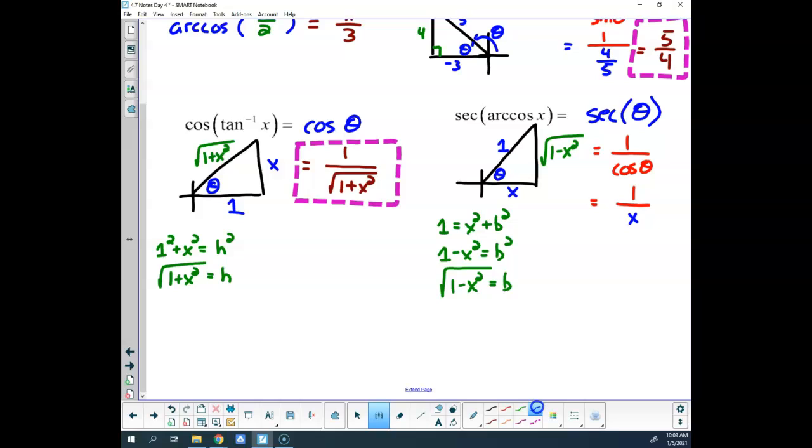So I just go 1 over x. Yes? Questions on any of that?